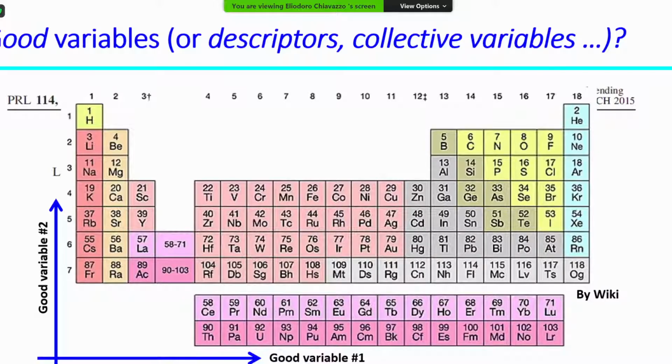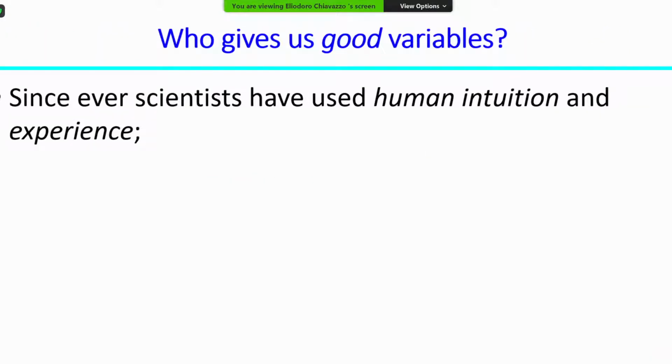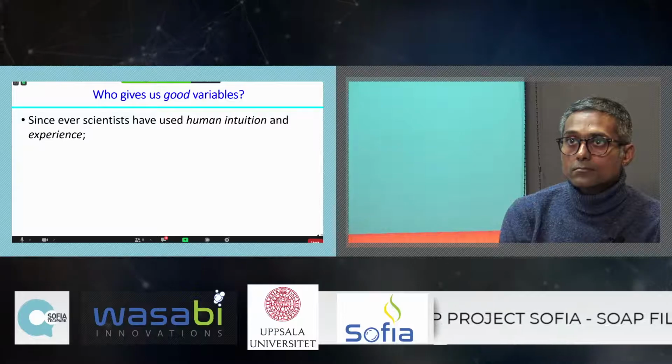In the early days there were white spots in this representation, but still, by looking at the descriptors, people could infer the properties of the elements in advance of the discovery of the elements themselves. So it's a very powerful notion if you manage to get good variables and descriptors of a problem. So the natural question is, who gives us good variables?